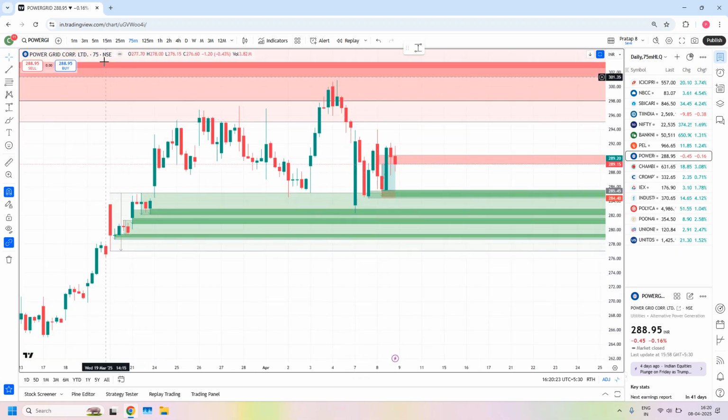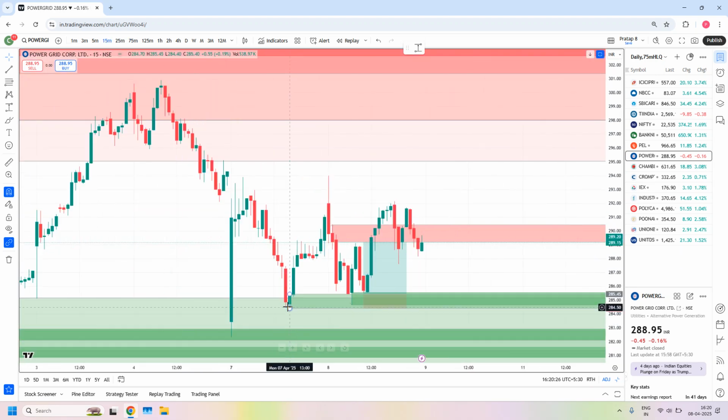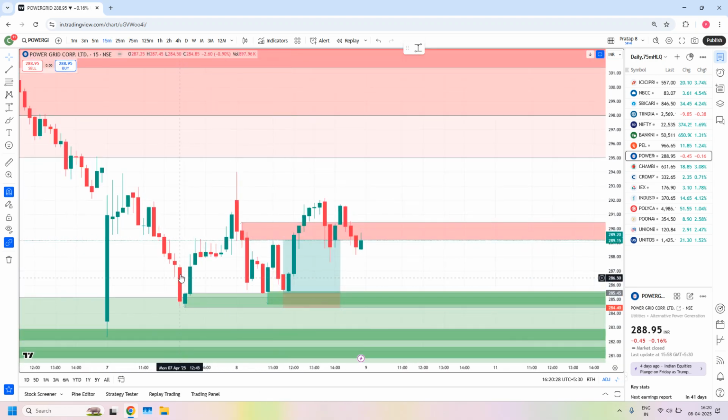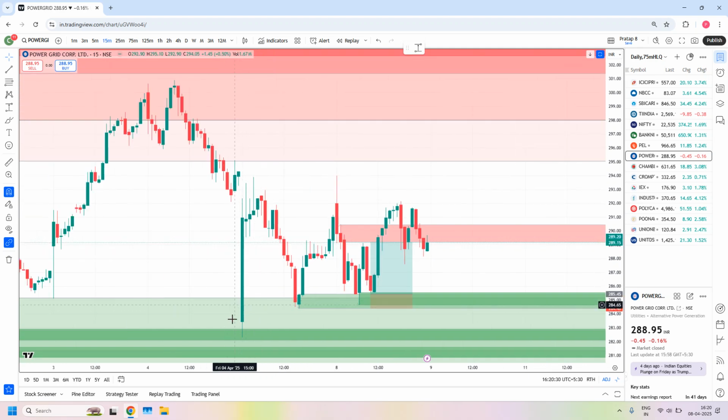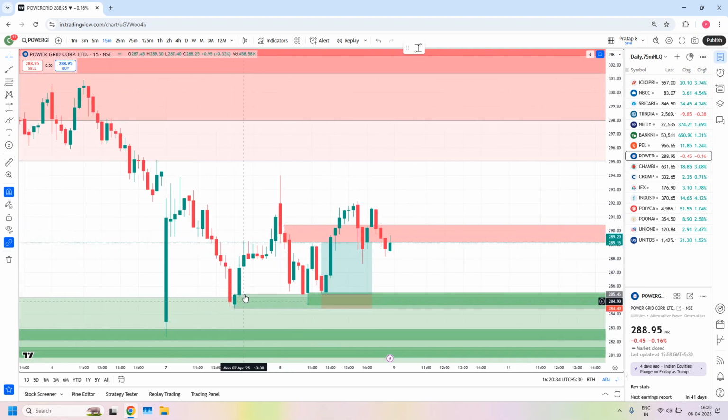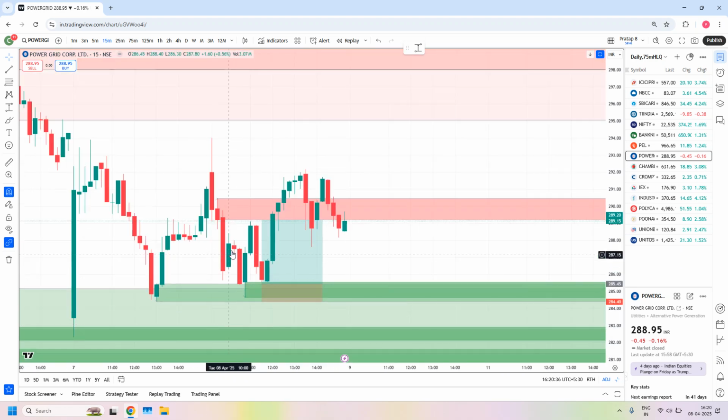In this 75 minute zone, a new 15 minute zone was created on Monday. So inside the fine-tuned 75 minute zone, on Monday it created a drop base rally. Actually today prices entered into the zone at the 10:45 candle. After that it moved.